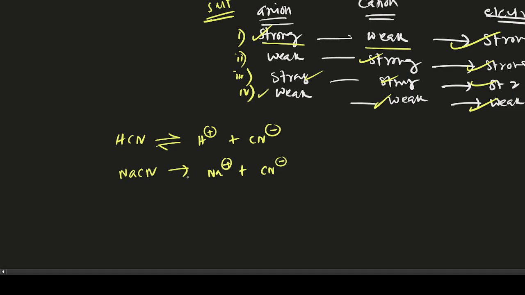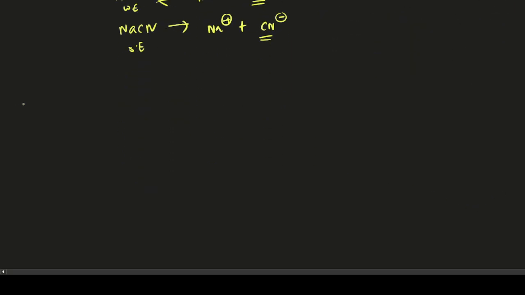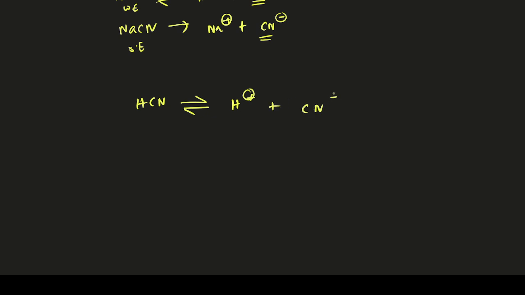So here CN minus is common to both the electrolytes. This is the weak electrolyte, this is the strong electrolyte. So for the strong and weak electrolytes, the common ion is CN minus. Now let HCN dissociate into H plus and CN minus.